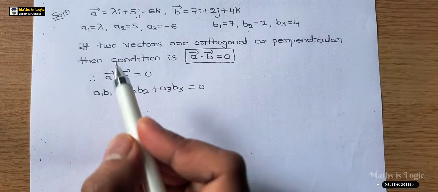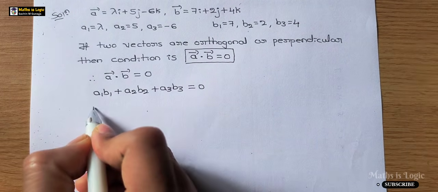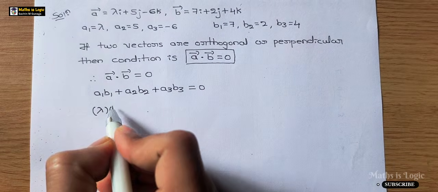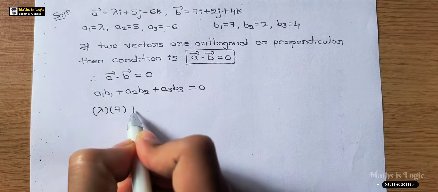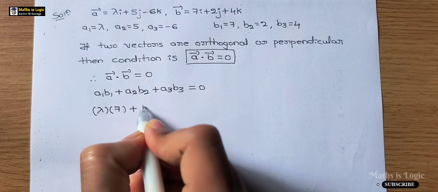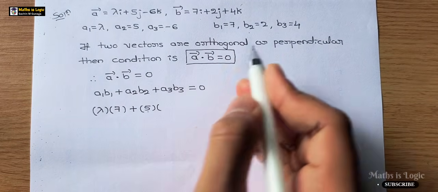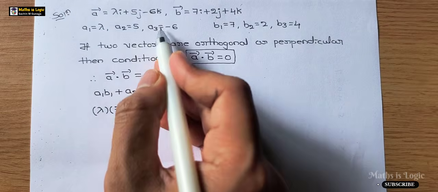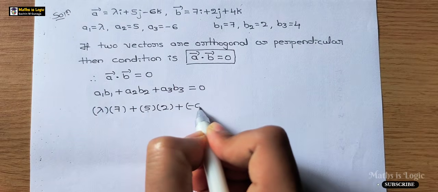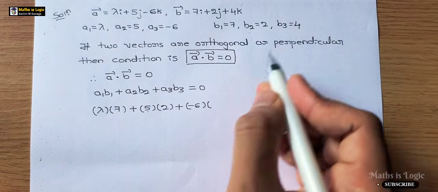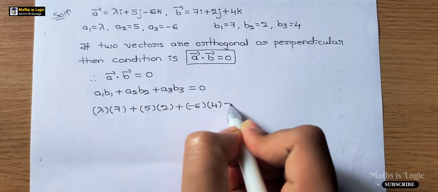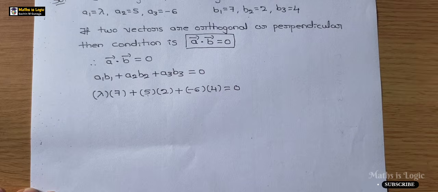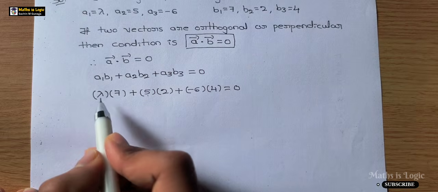So next substitute a1 value lambda into b1 value 7, plus a2 value 5 into b2 value 2, plus a3 value minus 6 into b3 value 4. Substitute all the values is equal to 0. Now simplify.